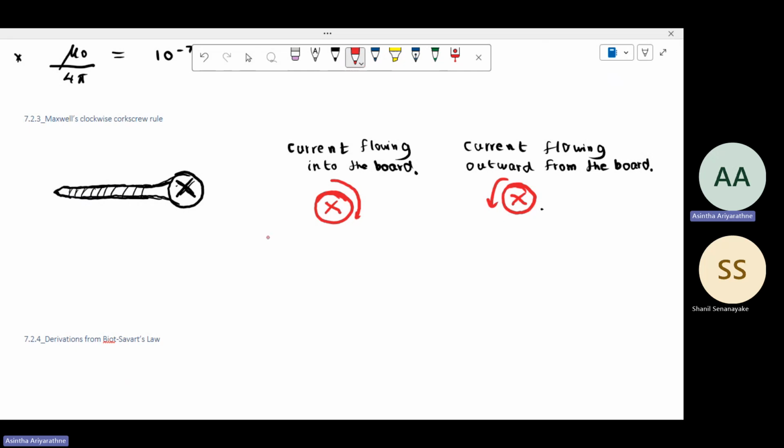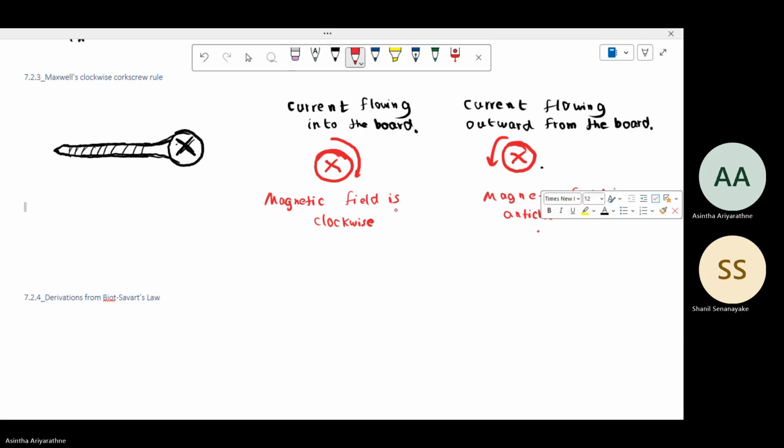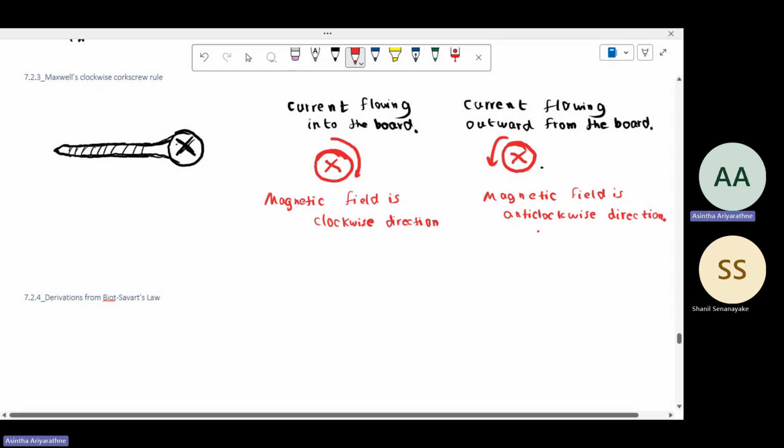Here the magnetic field is anti-clockwise in direction.